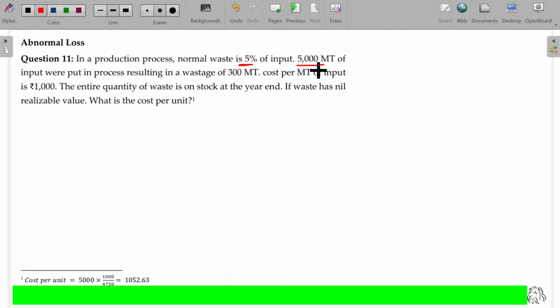It's very simple. 5,000 metric ton of inputs were put in process, resulting in a wastage of 300 metric ton. Cost per metric ton of input is 1,000.